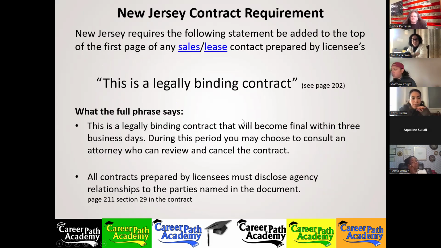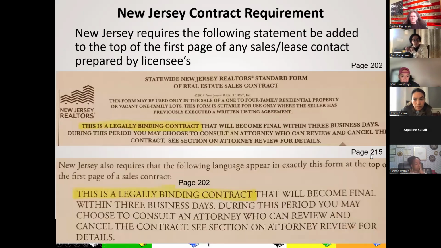And I'll have a screenshot on one of the next slides that shows you the picture of the top of the first page of a contract. Now, it says this is a legally binding contract that'll become final within 3 business days. During this period, you could choose to consult an attorney who can review and cancel that contract. Okay. And remember, all contracts prepared by licensees must disclose their agency relationships within them.